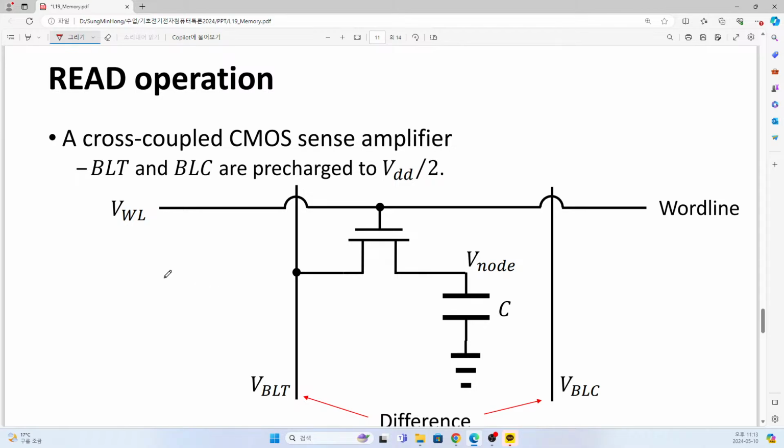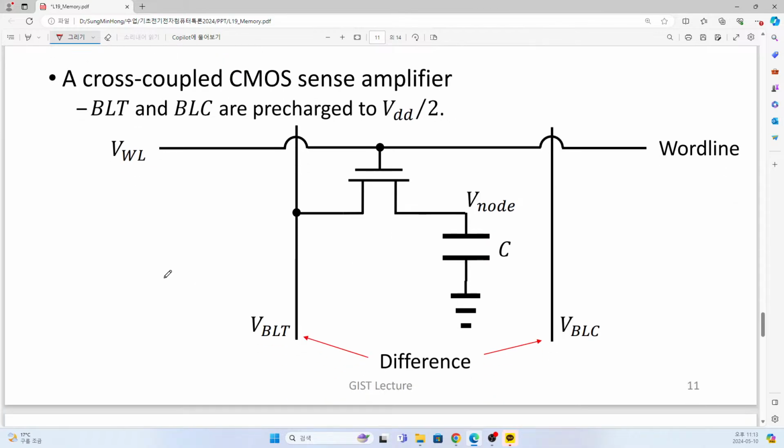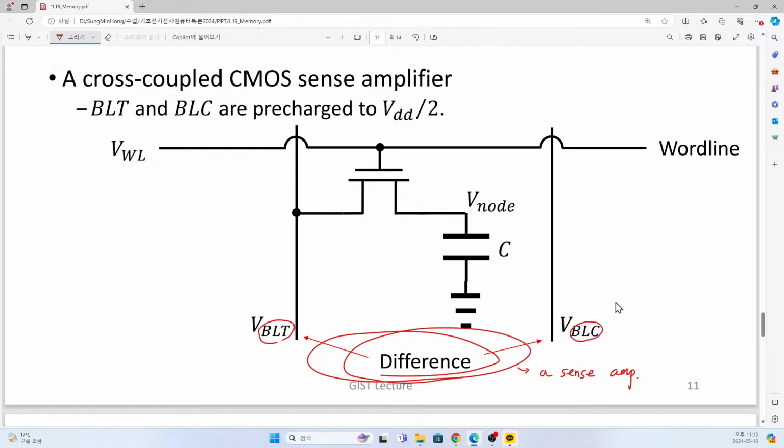So although it is not drawn here in this part, we have a sense amplifier, and it detects the difference between this BLT line and BLC line. What is BLC? This is the reference one.